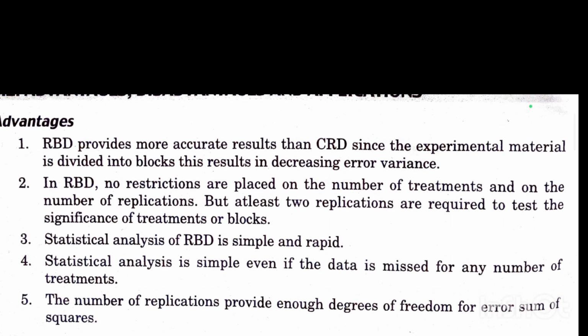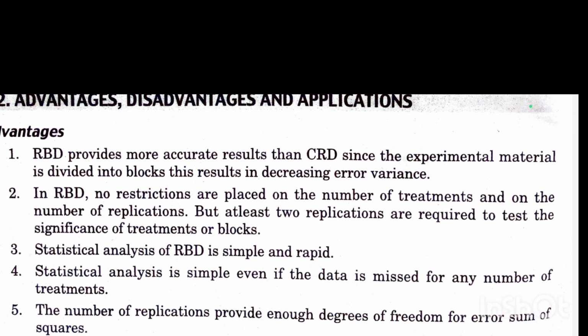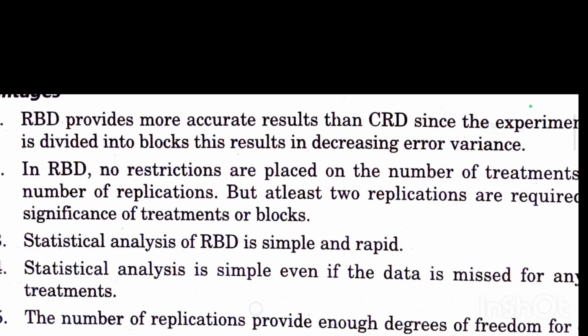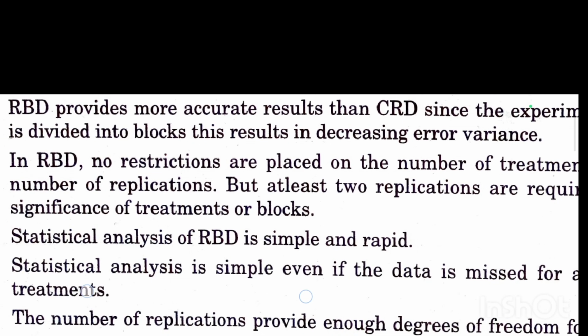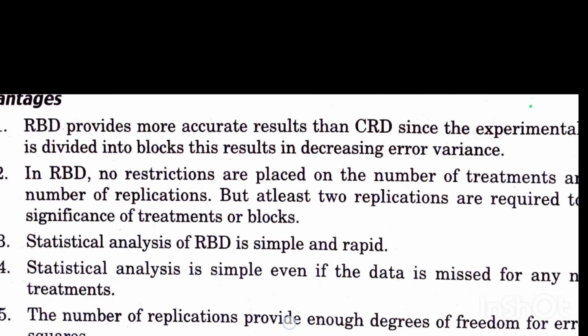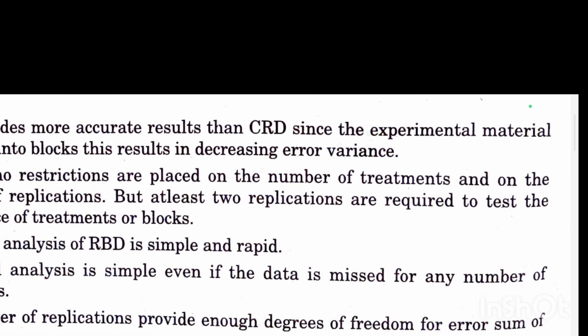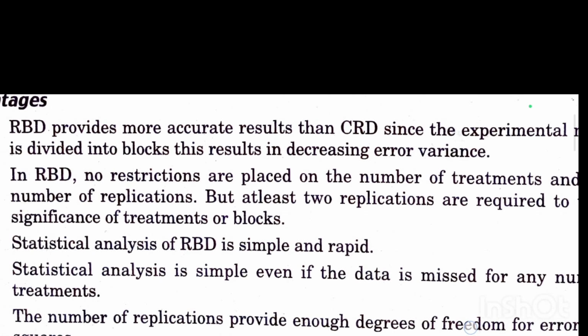Next, in RBD no restrictions are placed on the number of treatments and the number of replications, but at least 2 replications are required to test the significance of treatments or blocks. The statistical analysis of RBD is simple and rapid. The statistical analysis is simple even if the data is missing for any number of treatments.